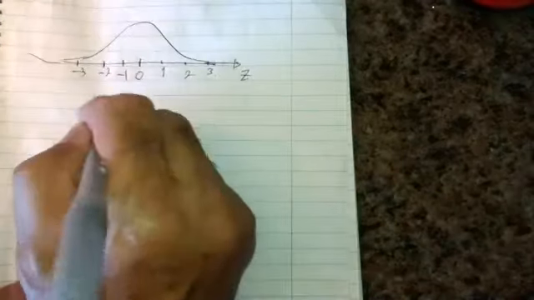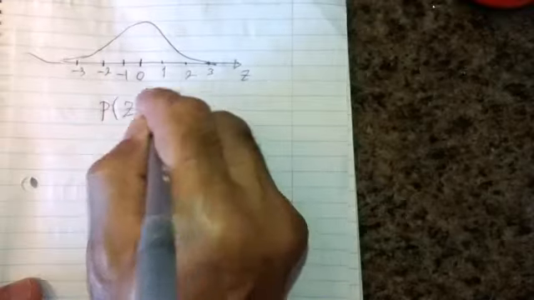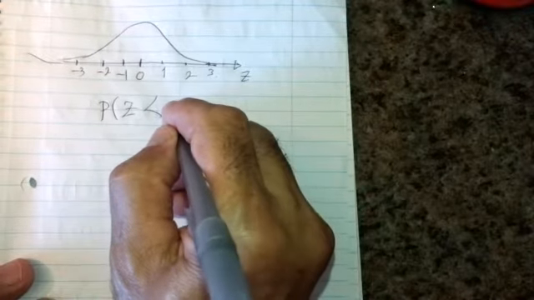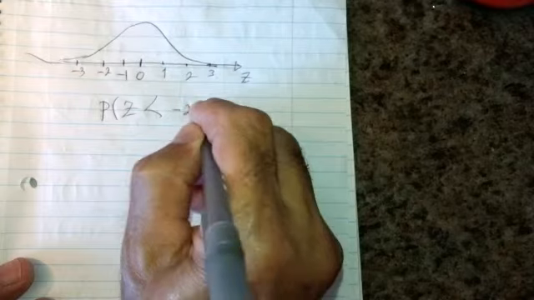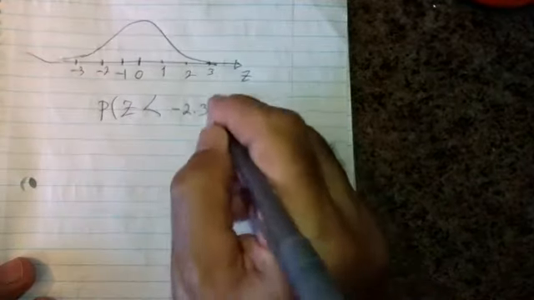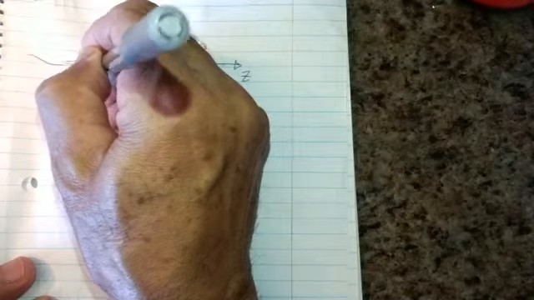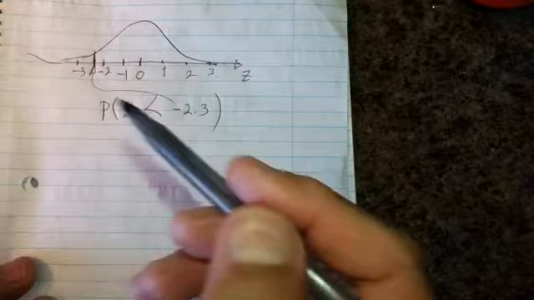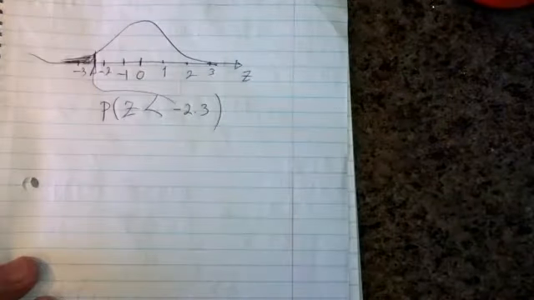So if I want to find probability of Z less than, let's say, minus 2.3, 2.3 is somewhere here. And Z is this. This is the area.